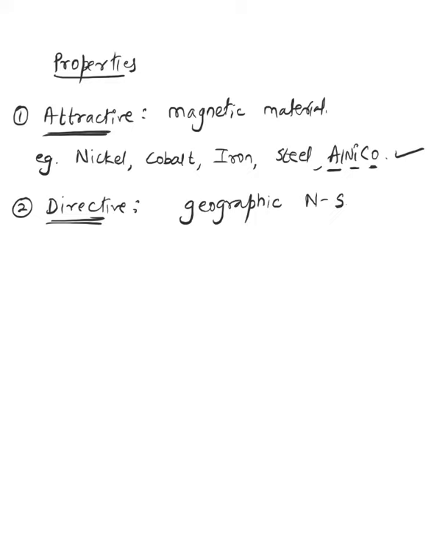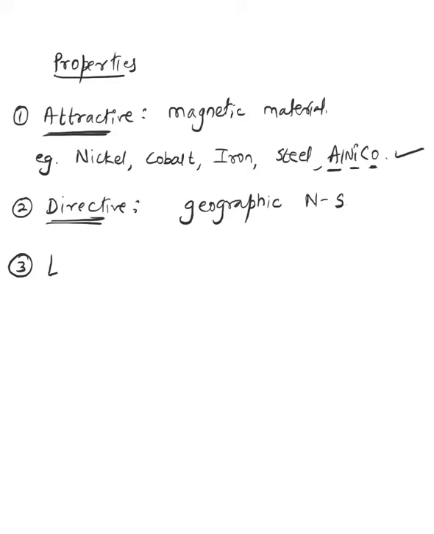Every time you spin it, it will come back to rest in a fixed defined position, and that is called the geographic north-south position. That's how you can use magnets to find direction. In the later part of the chapter, we will also learn why it always rests in the geographic north-south position only.